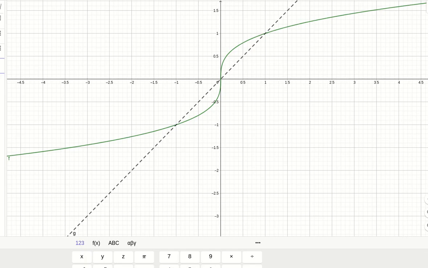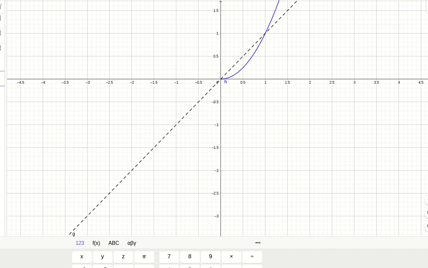Okay, so here's that graph in GeoGebra. The green curve f is crossing the diagonal y equals x 3 times, and we can sketch the inverse of that. Notice that it goes through those same 3 points where the function crosses the main diagonal, and then that 4th point equidistant from the others.